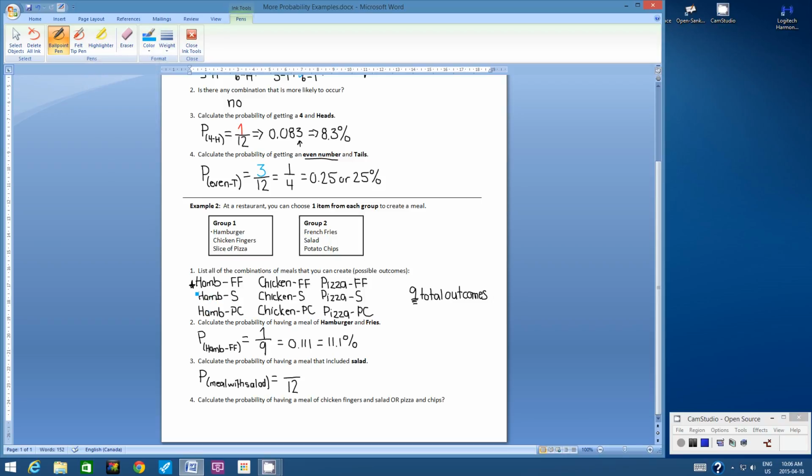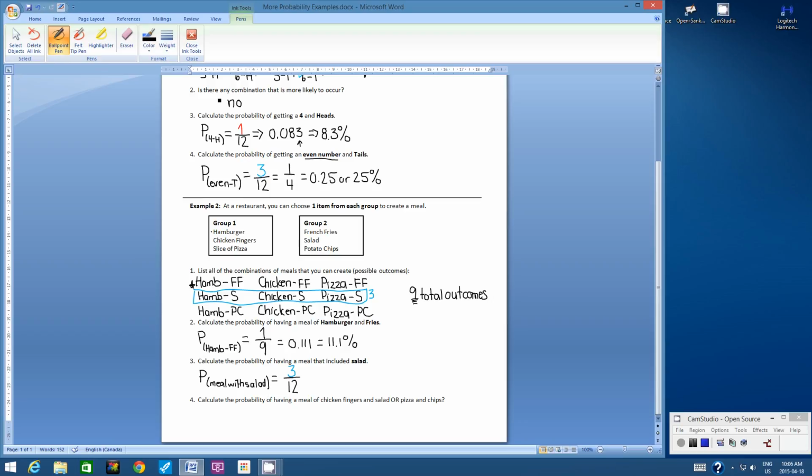Let's identify all of the possible meals that could have salad. Well, that's these 3 meals. Hamburger and salad, chicken and salad, and pizza and salad. So the numerator, number of favorable outcomes, is 3.